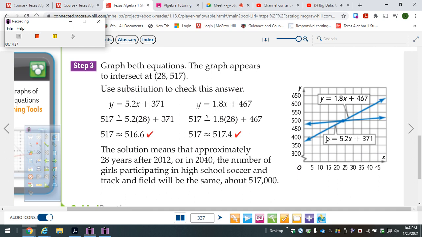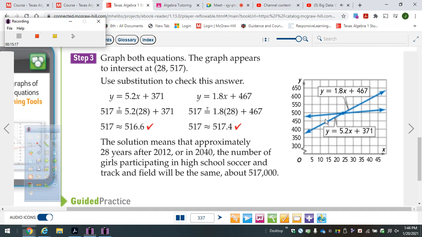Okay. So in about 28 years, guys, they're saying here, but in about 27 years, they're going to be about the same from here. And they'll be roughly about 500,000 or something like that.